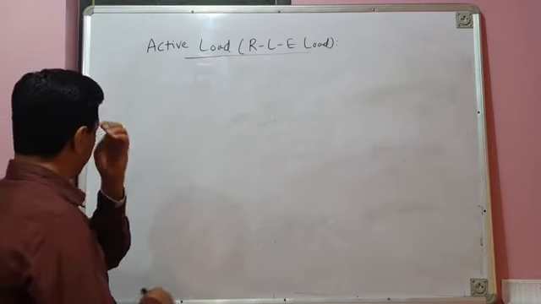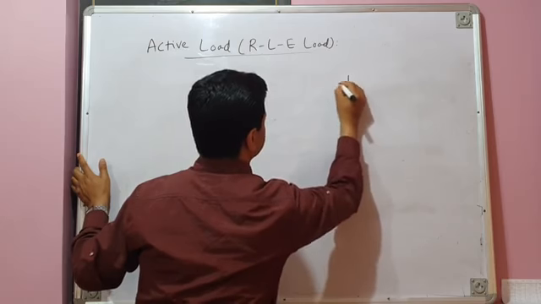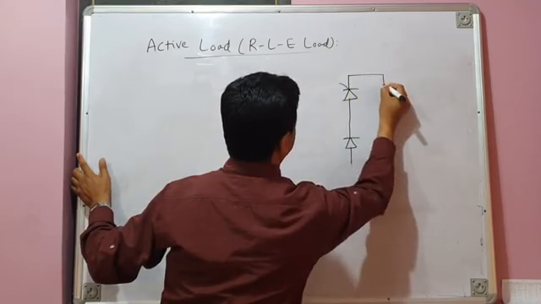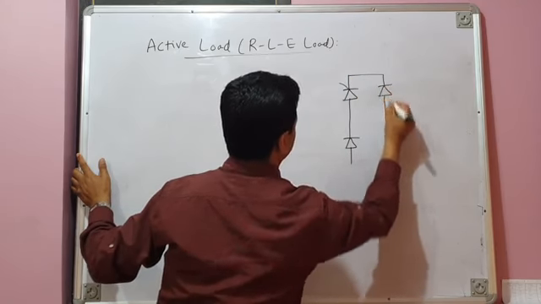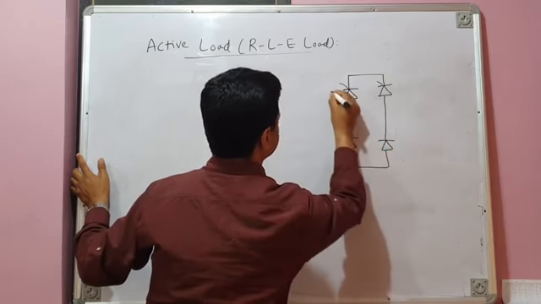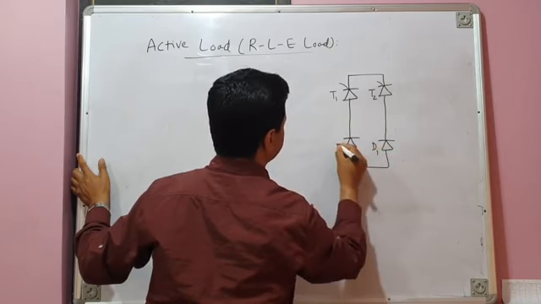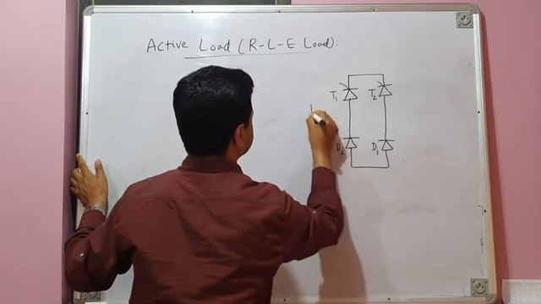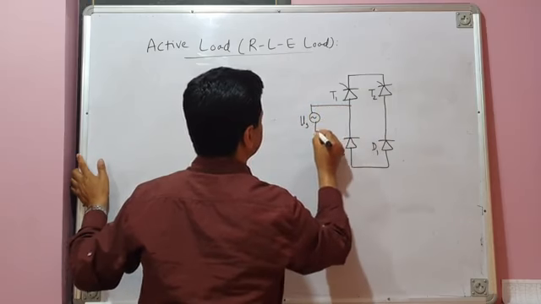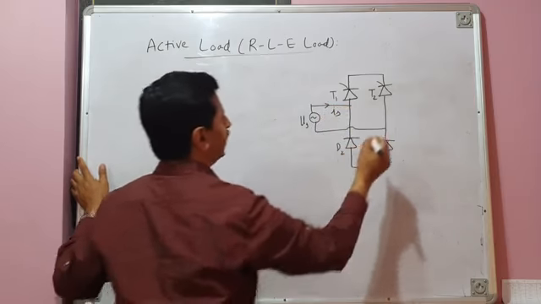So let me draw the power circuit diagram first. This is the power circuit diagram of a single phase semi converter feeding an active load, an RLE load. So these are thyristors T1 and T2, and these are the power diodes D1 and D2. This is the AC side or source side. The source voltage is sinusoidal AC voltage Vs and source current is Is.